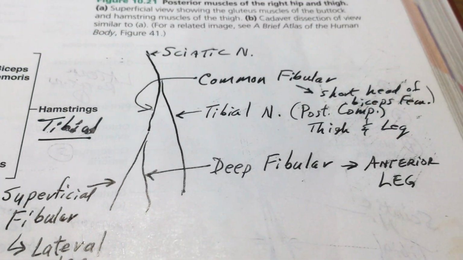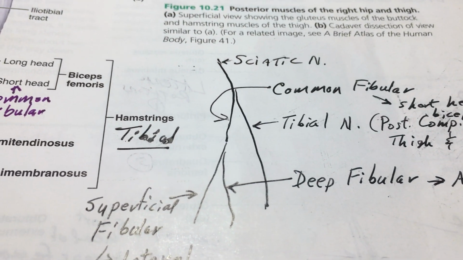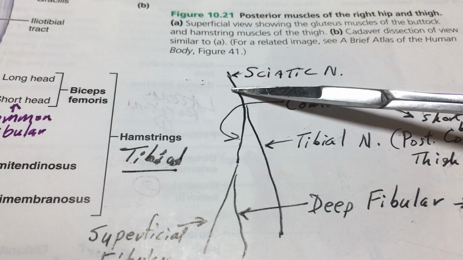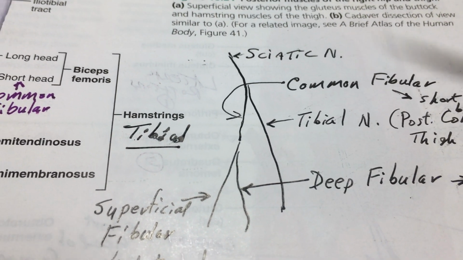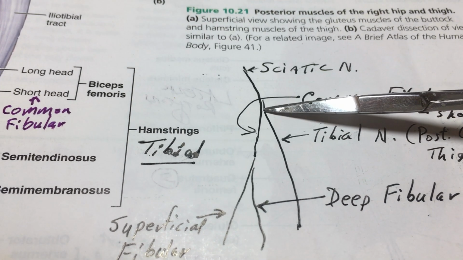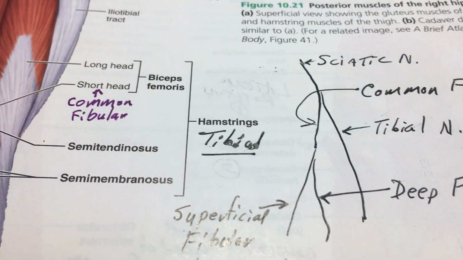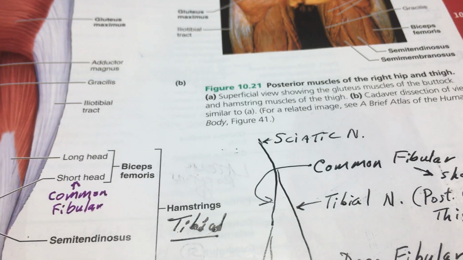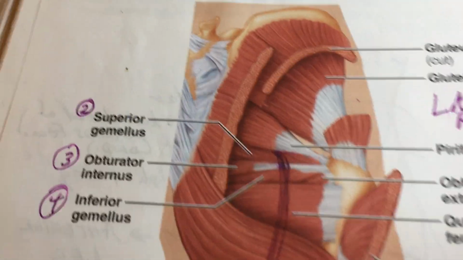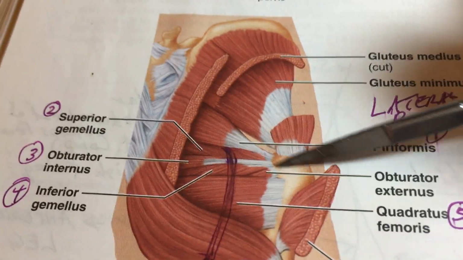I'm going to just briefly present here this idea of a sciatic nerve coming down and dividing shortly after it emerges. Let's take a look. Actually, we have a picture over here on page 368 that shows us it because I've drawn it in.